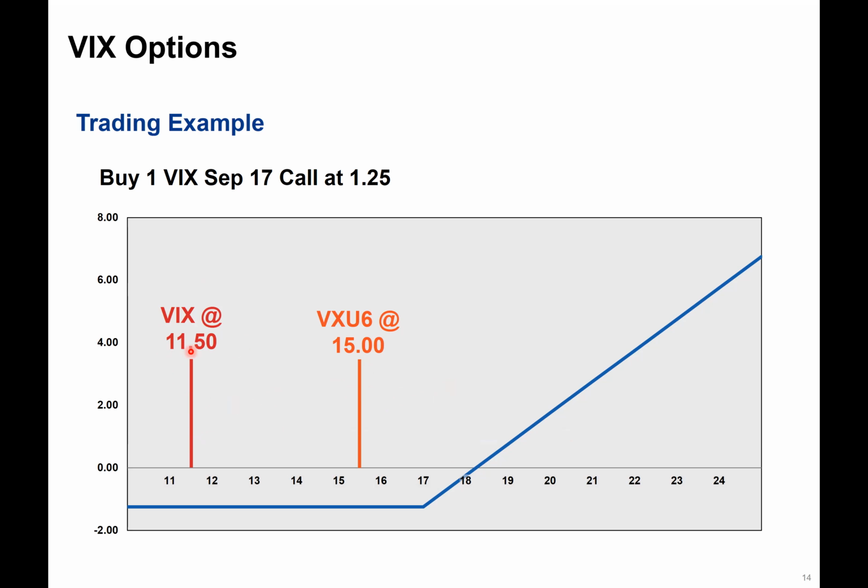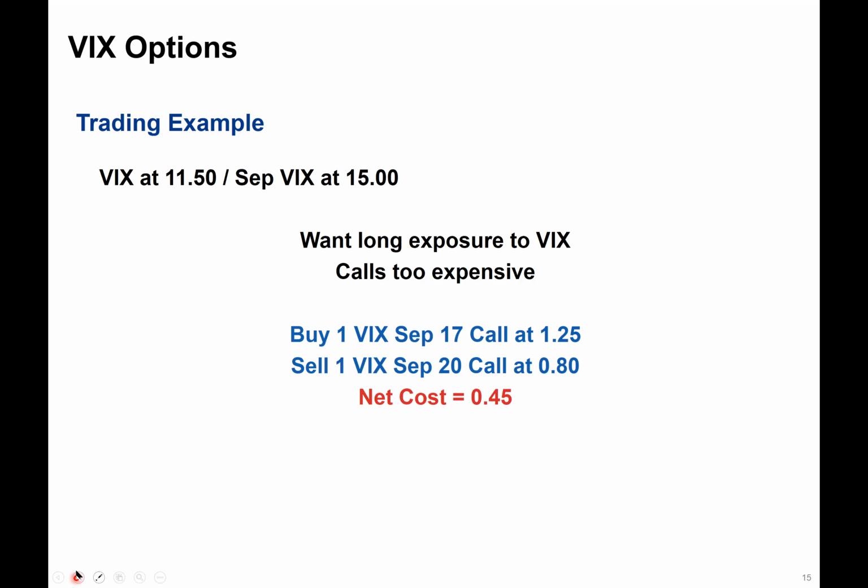And we've seen that when spot VIX rallies up, the futures contract tends not to follow to the same extent, especially if we've already got a big spread between the two like this. So getting long volatility with options requires some creativity. And let's say we want long exposure to VIX.